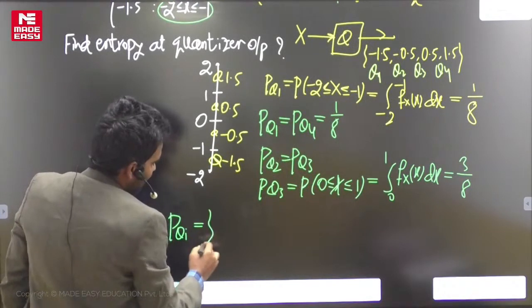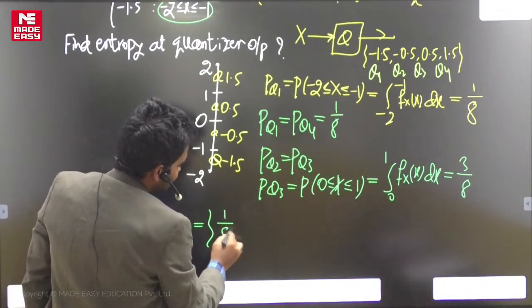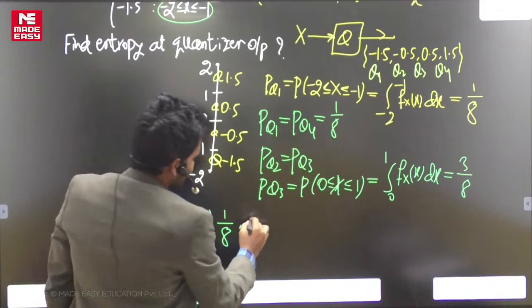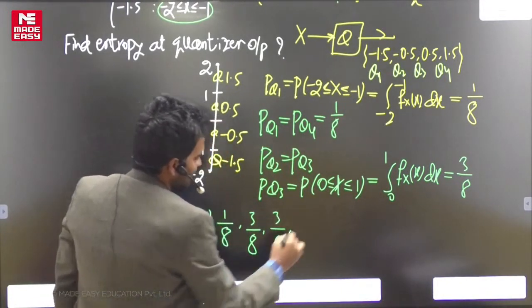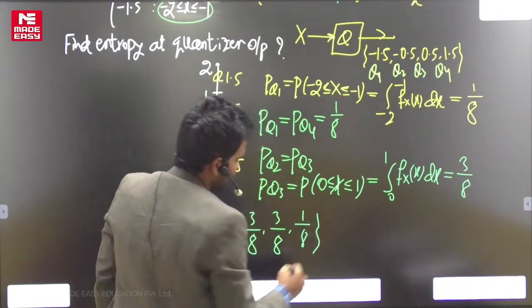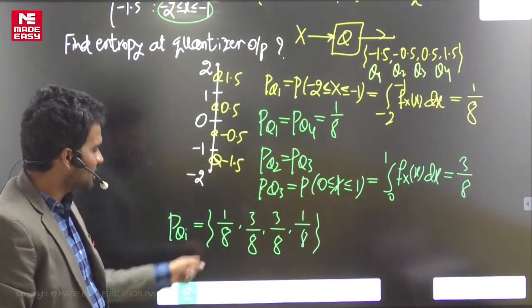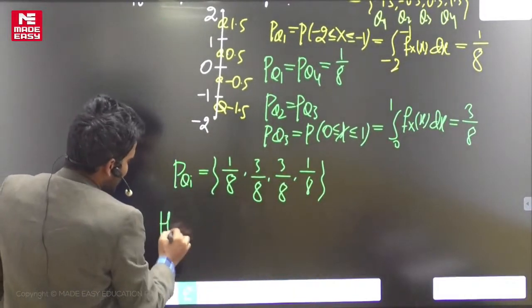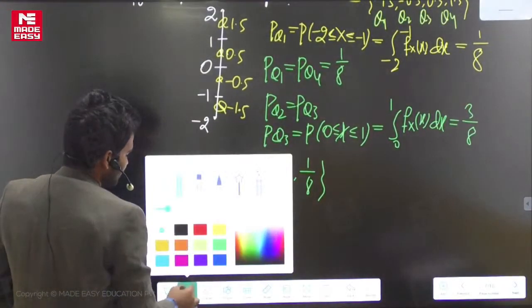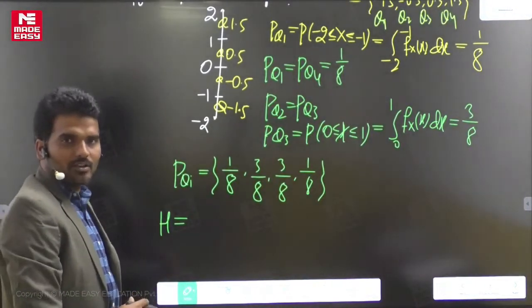P(Q_i) is equal to what? P(Q1) is 1/8, P(Q2) is 3/8, P(Q3) is also 3/8, P(Q4) is equal to 1/8. So we got the probabilities. Once we have the probabilities, we can find the entropy. H will be equal to, what is the entropy at the output of the quantizer?